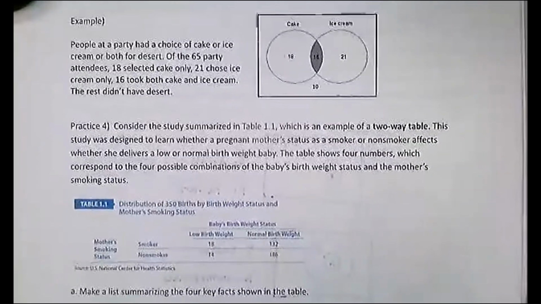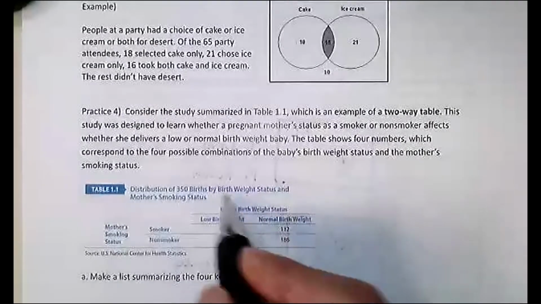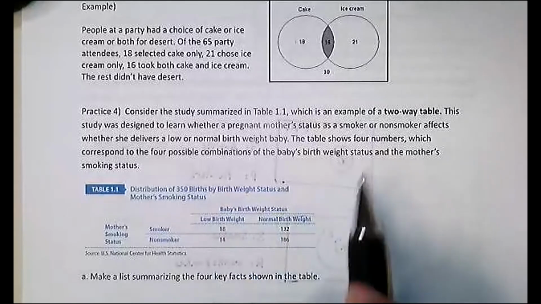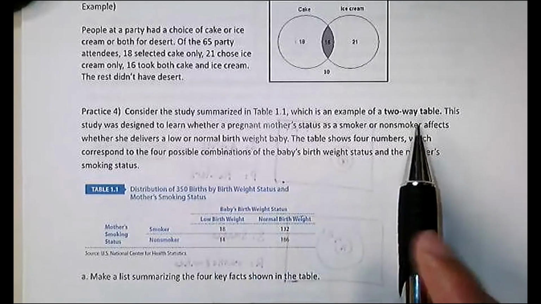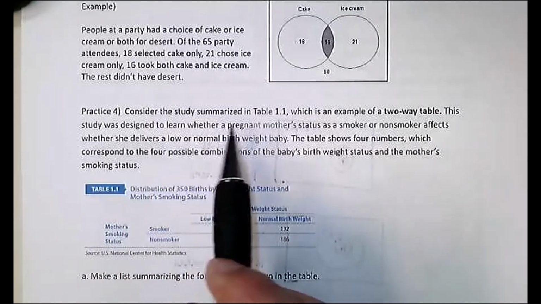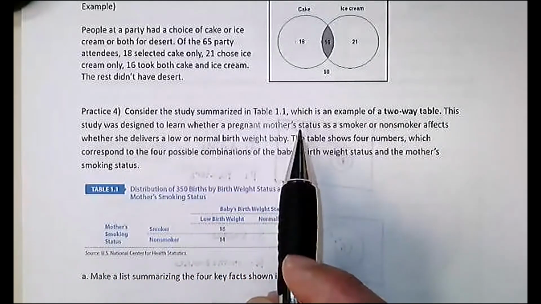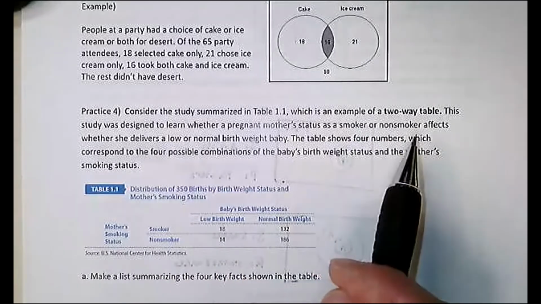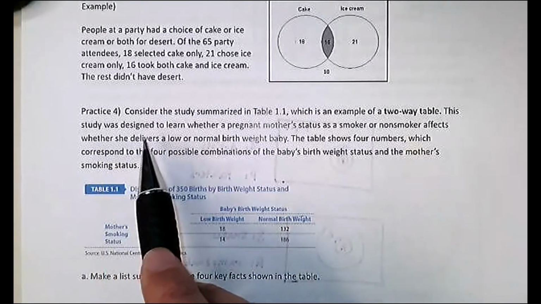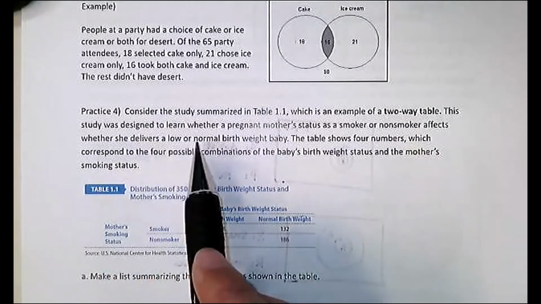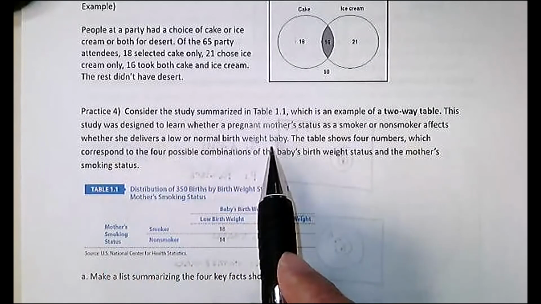Consider a study summarized in table 1.1. Table 1.1 is here, which is an example of a two-way table. The study was designed to learn whether a pregnant mother's status as a smoker or non-smoker affects whether she delivers a low or normal birth weight baby.